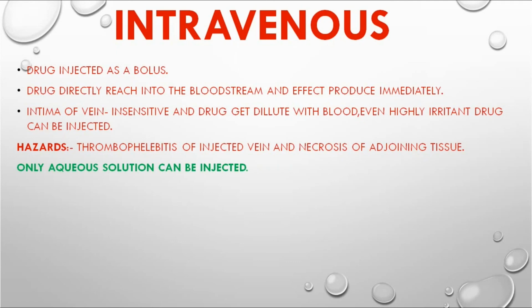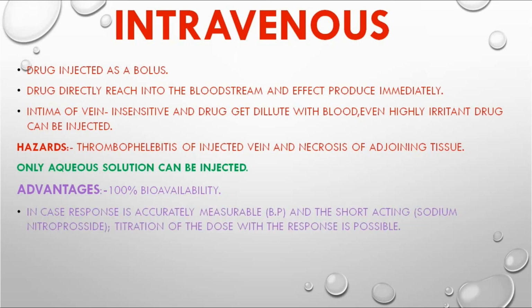Only aqueous solutions can be injected. Advantage: 100% bioavailability. In case the response is accurately measurable, and for short acting drugs like sodium nitroprusside in case of hypertension, titration of the drug with the response is possible. Risky route: possibility of air embolism is another risk.